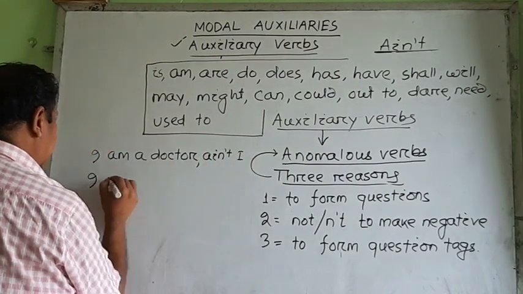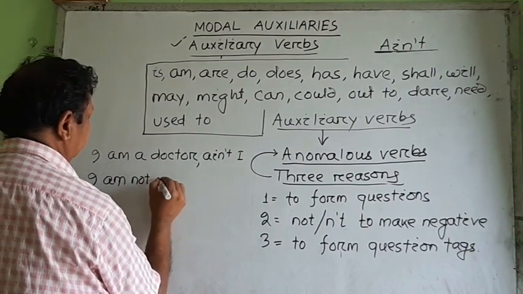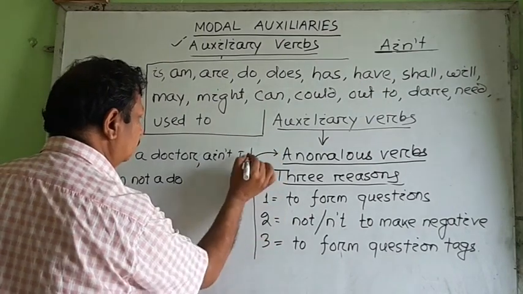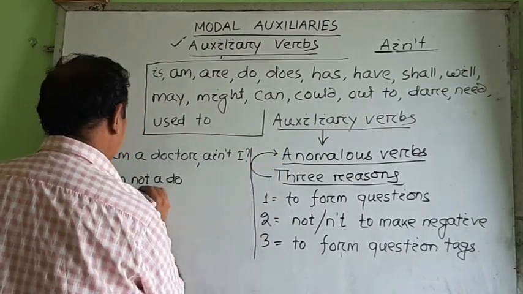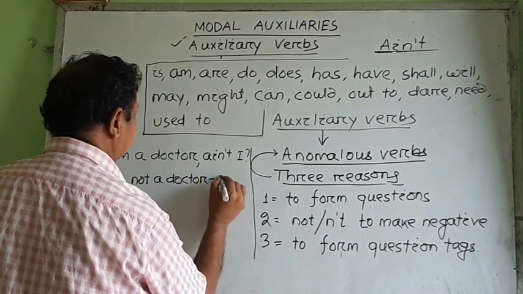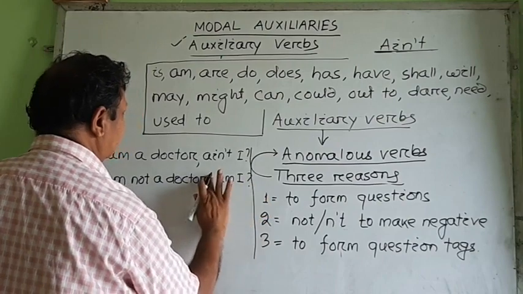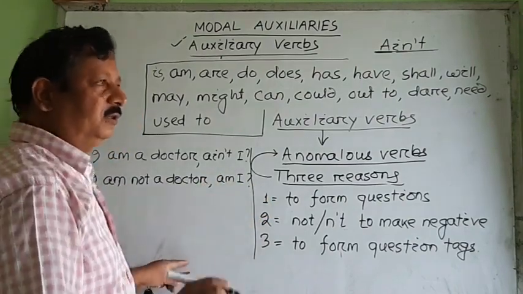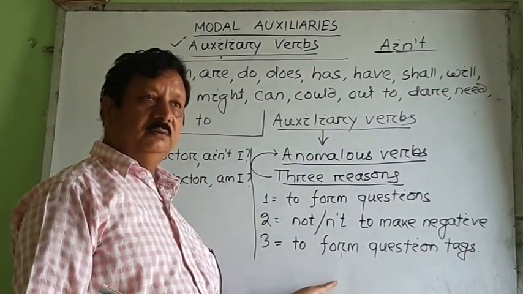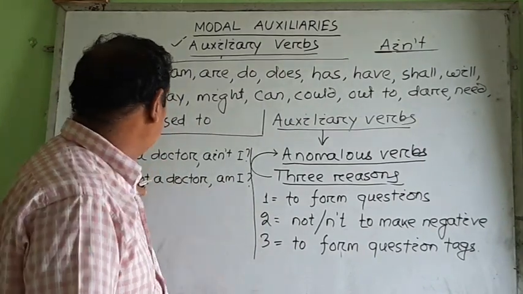But when it is "I am not a doctor," then it is "am I". See, as you know, this is not the chapter of question tags, but as contextually we come to this particular chapter, that is why I am telling you.